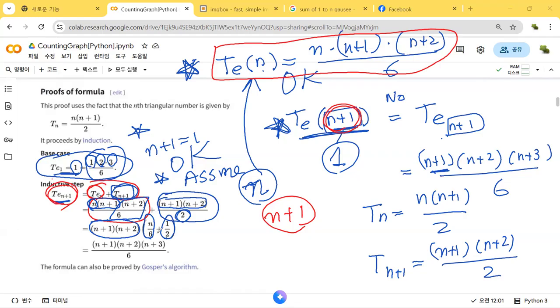Then by combining those two, 1 over 2 is just 3 over 6, okay? 3 over 6. So combining this, n plus 3 is the upper part, the lower part is 6. Okay. So by solving this equation, you can have this one.